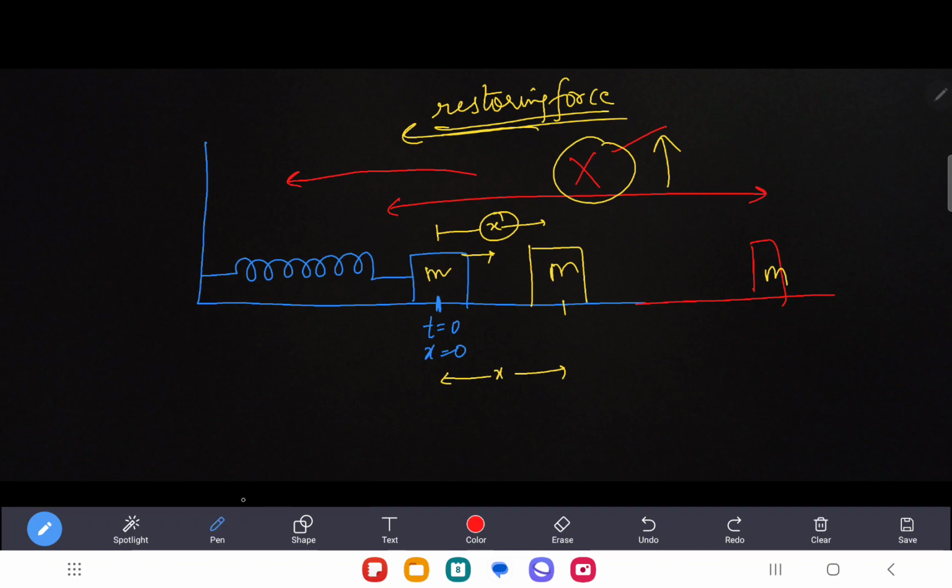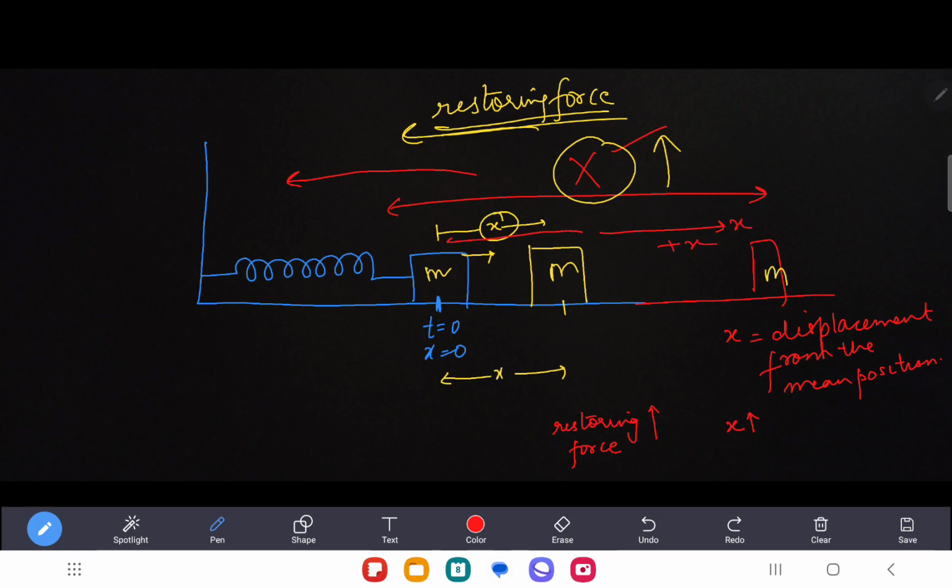X is the displacement from the mean position. So the moment you increase x, the restoring force also increases, but in the opposite direction. For example, if x is forward, positive x, the restoring force would be pulling it back.